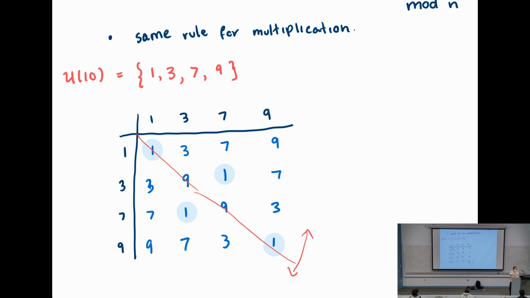On Wednesday, I'm going to talk a little bit about general proof techniques, and we'll use elementary properties of groups as examples. And then on Friday, we'll talk about something called the order of a group and subgroups. So I'll see you all then.